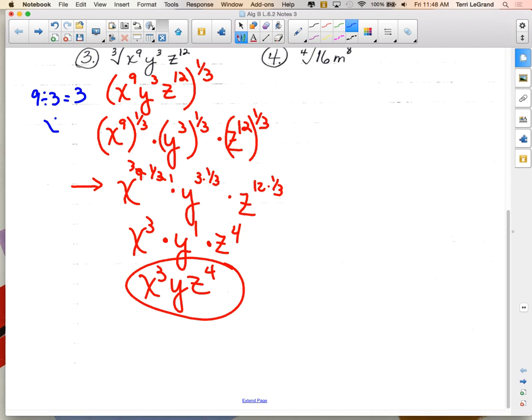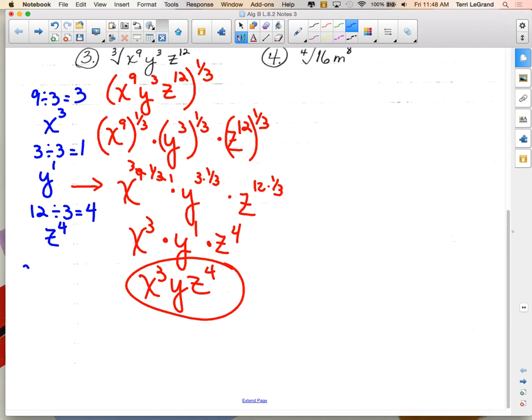So you would say that's what x is going to be, right? So the third power. Okay, and then what was the next one? 3 divided by 3, and that is 1. So that's what's going to be the exponent on the y's. And then 12 divided by 3, and that is 4. So that's going to be the exponent on z.